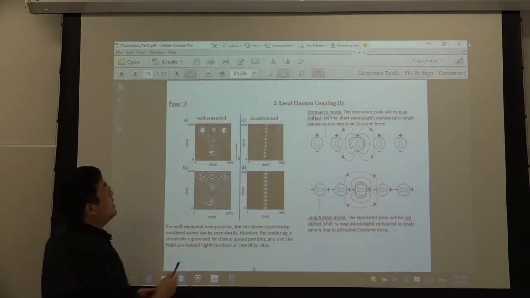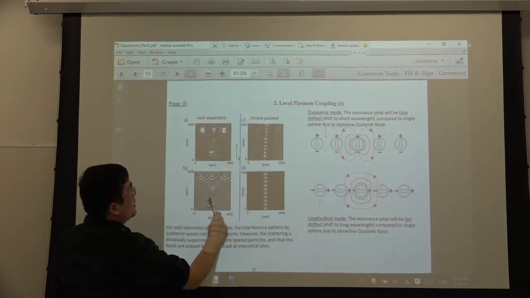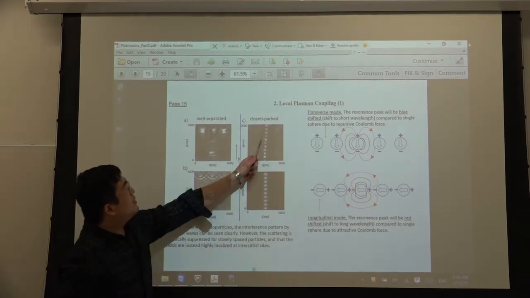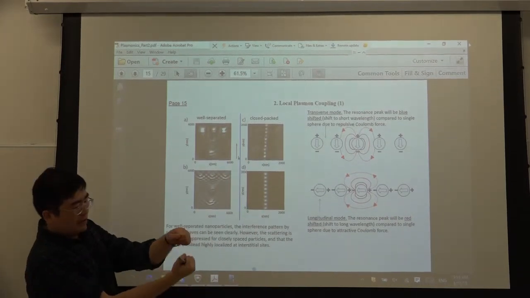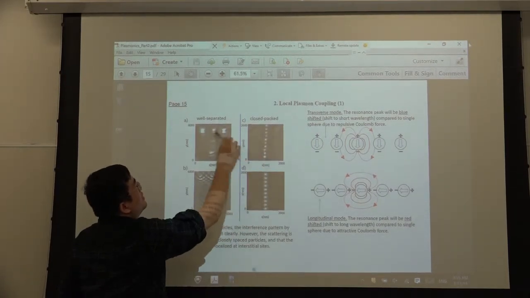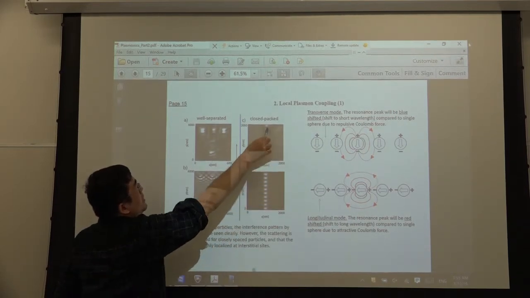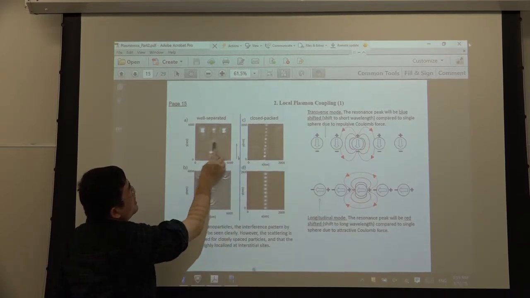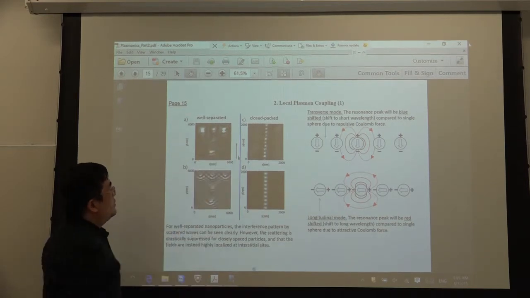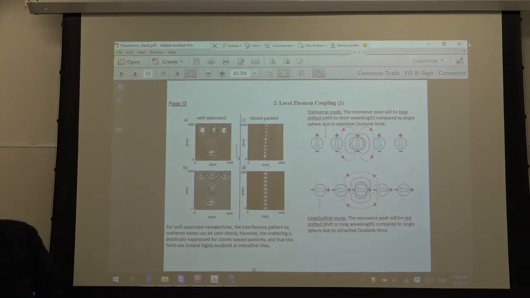This is the experimental result. This is the simulation. You can see this dark field. This is particles highly coupled to each other. You can see according to dark field, this is very close to each other, it has become a guided wave. Here it is well separated, it has an interference pattern. This simulation is that. This is the dark field technique.